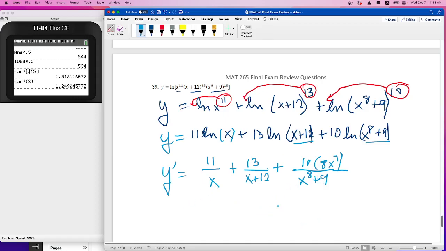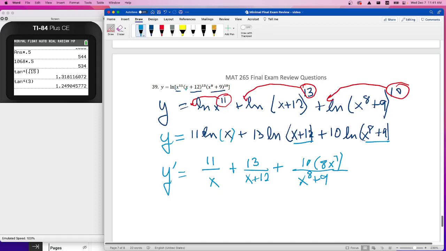Okay, so be able to take a derivative of a logarithm. Now, if one of these was in the denominator, the nice part is instead of having a plus, we would have had a minus for the part in the denominator, and it still makes taking the derivative pretty straightforward.